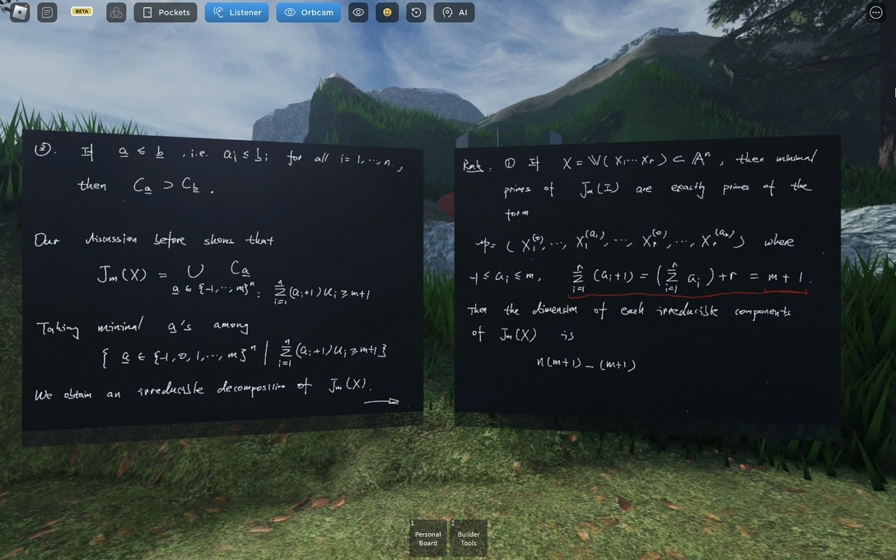Then the dimension of the variety will be the dimension of the affine space minus this height, which is this number.